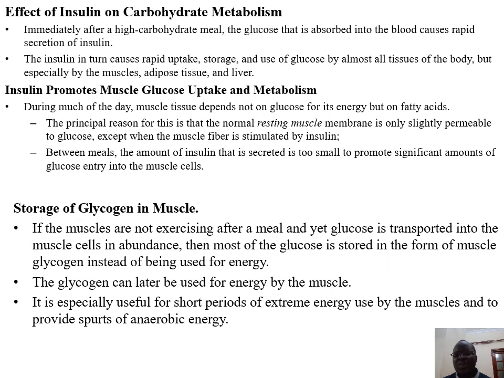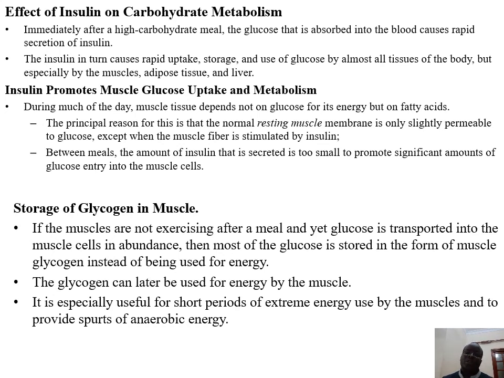So now, after a meal, you are not exercising, the muscle cells are internalizing a lot of glucose, they're using part of that glucose as a source of energy, but there is still an overflow of glucose in the cells. So that glucose now will be stored in the form of glycogen. The glycogen can later be used for energy by the muscles.